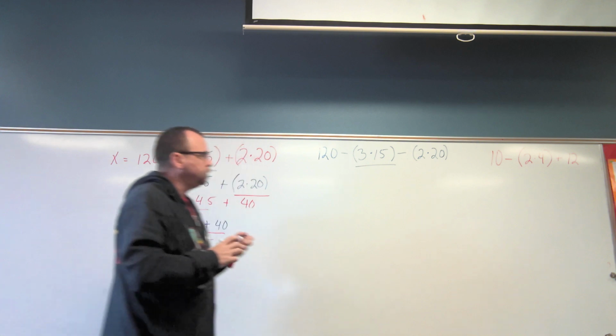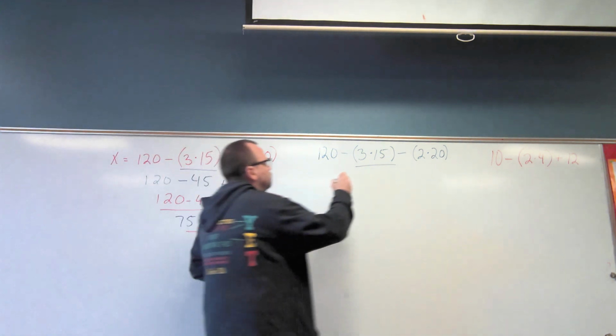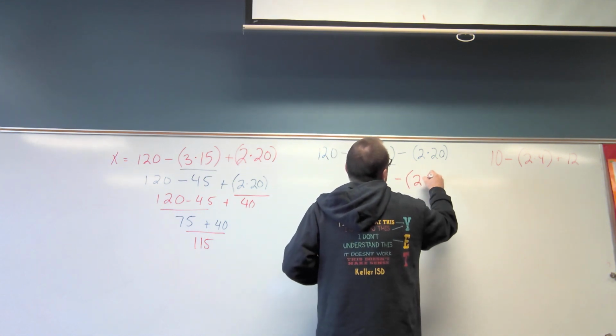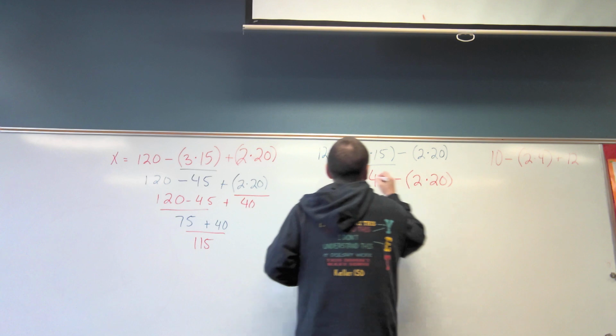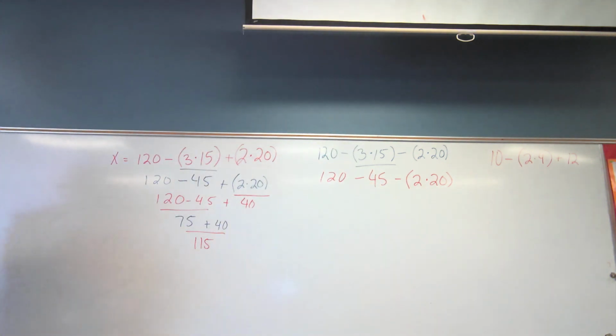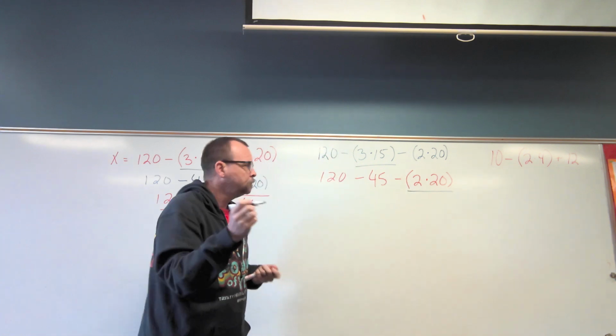And 3 times 15 is what, Eli? 45. Now we bring down what we haven't used yet. And next we go where? Zoe. 2 times 20. Which is what, Zoe? 40.